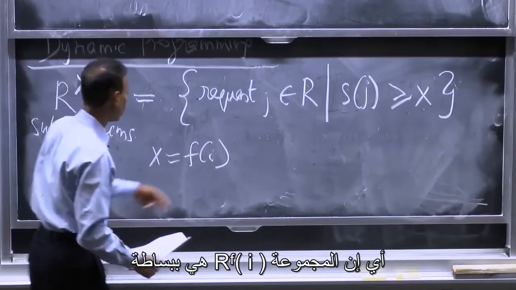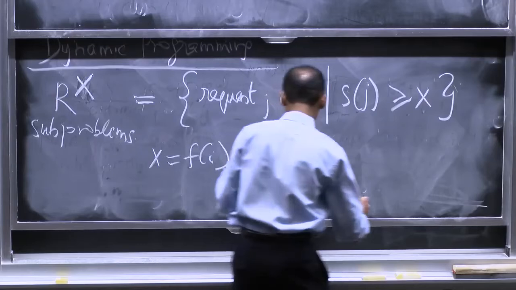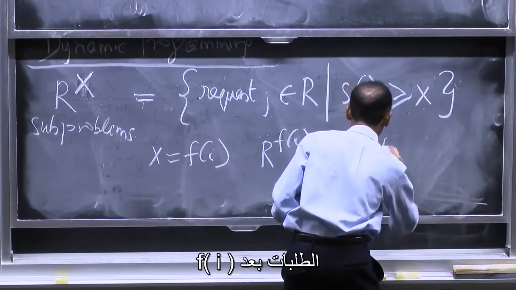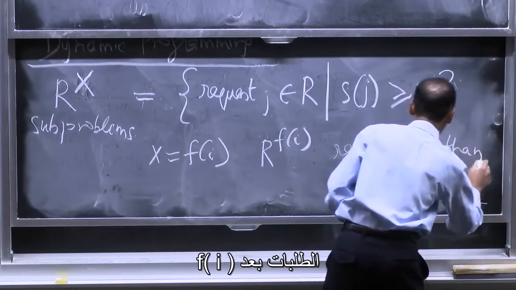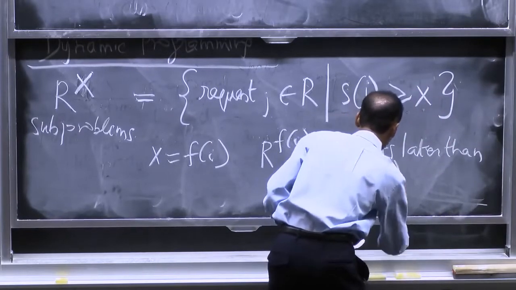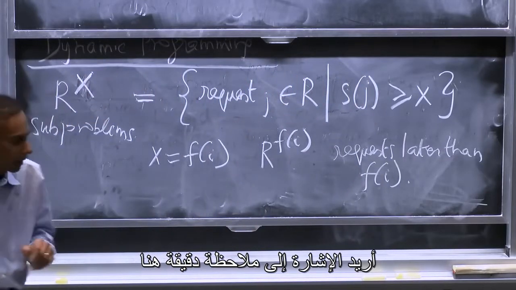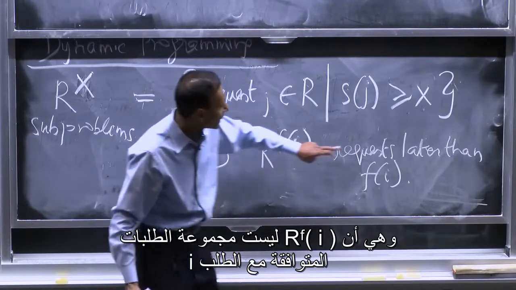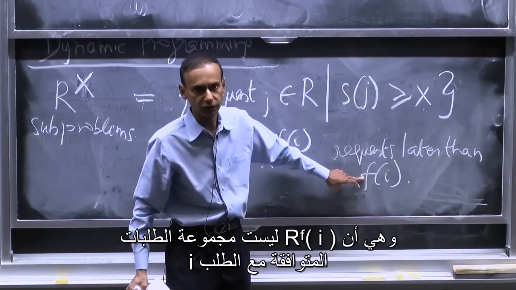Right? So R of f_i would simply be requests later than f of i. Okay? And there's something subtle here that I want to point out, which is R of f_i is not the set of requests that are compatible with the ith request.